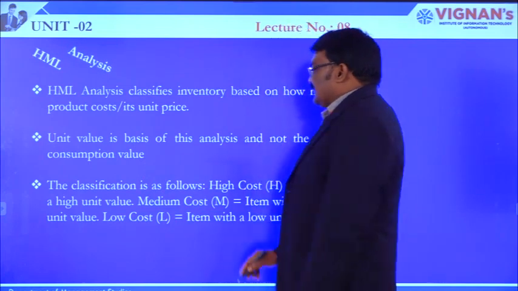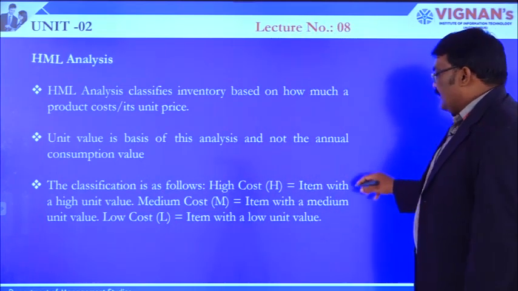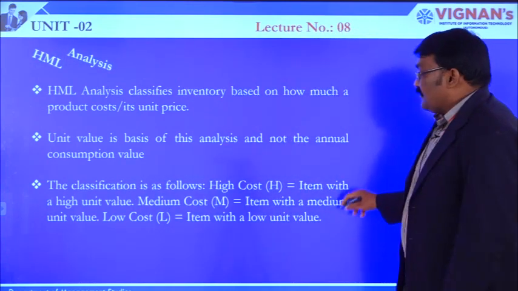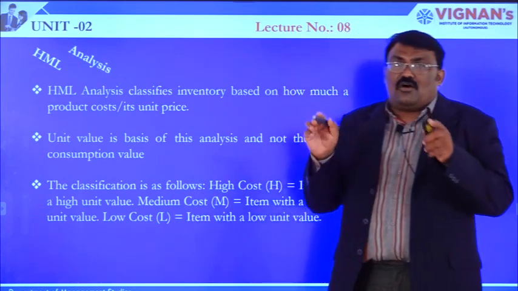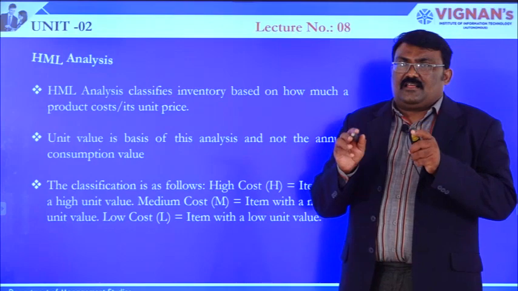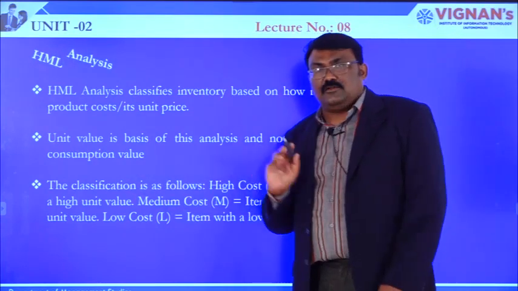The classification is as follows: high cost, which is the item with a high unit value. That means among all the values of the raw materials, this particular raw material has the highest unit value.